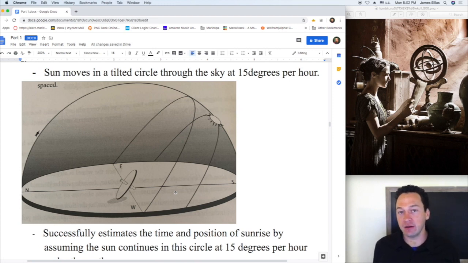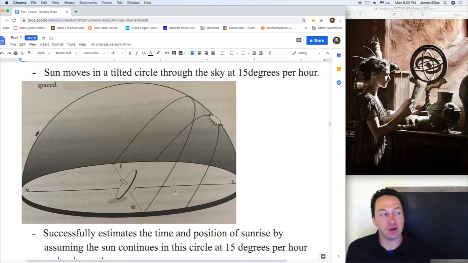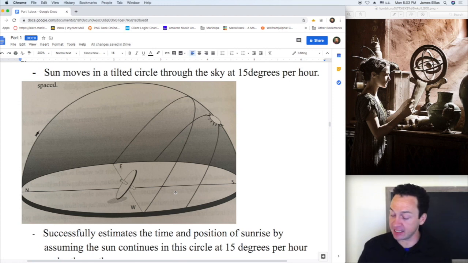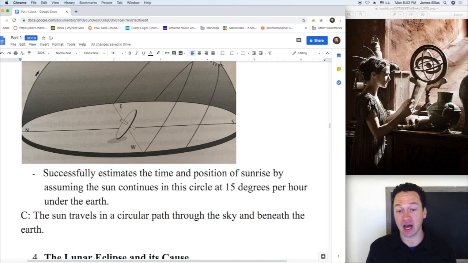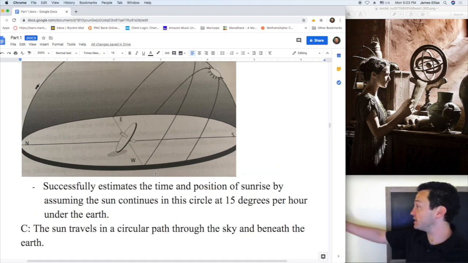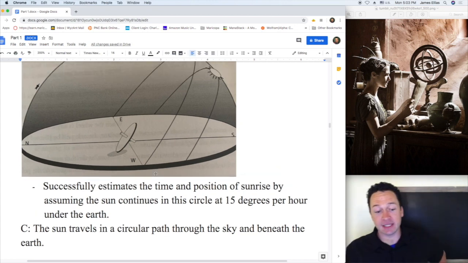And what Anthropocleitus does is he assumes that the sun continues its 15 degree per hour journey once it goes beneath the earth. And when he makes this assumption, he is able to successfully predict the time and location on the horizon for when the sun will rise again.